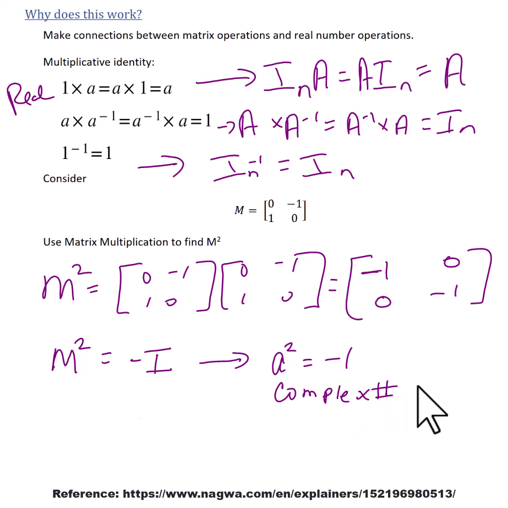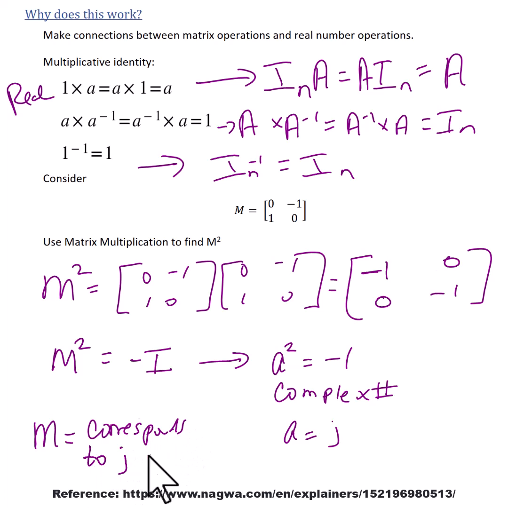So if a squared equals negative 1, then a is equal to our complex number j. So in this case, m would be the dual that represents our complex number j as well. In other words, it corresponds to j in matrix form.